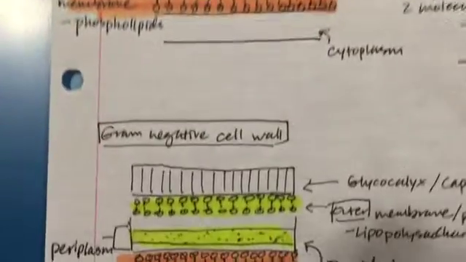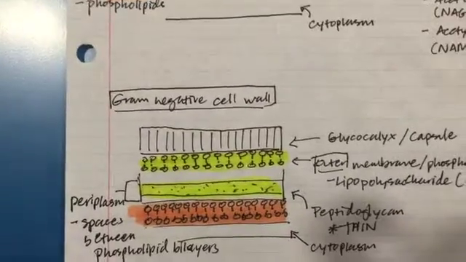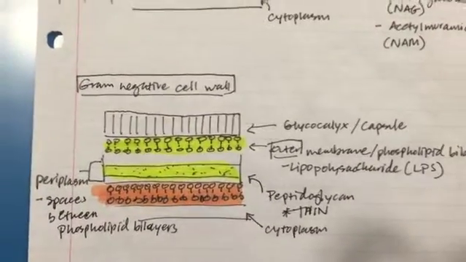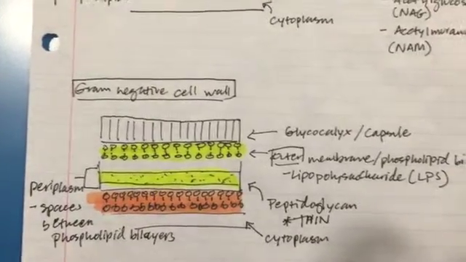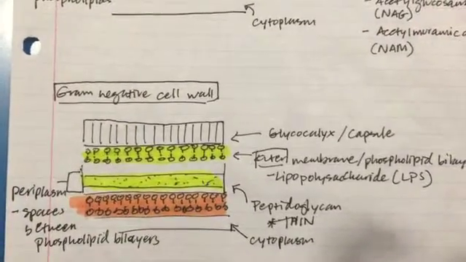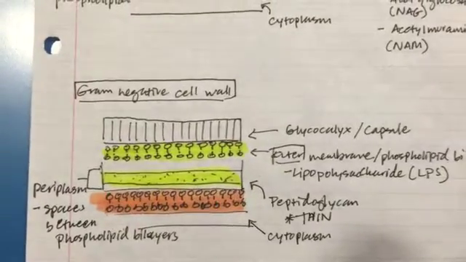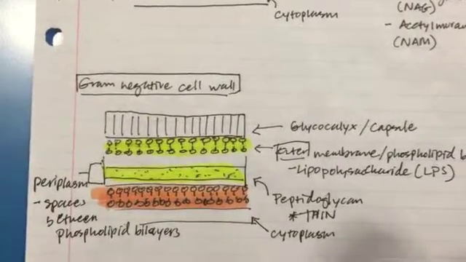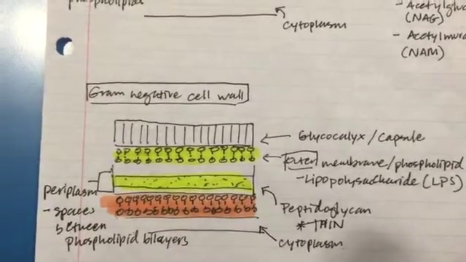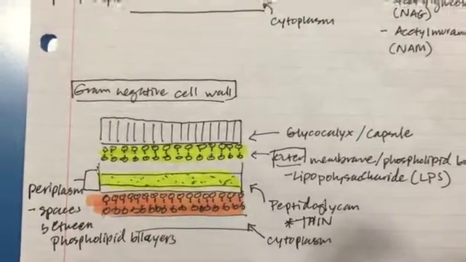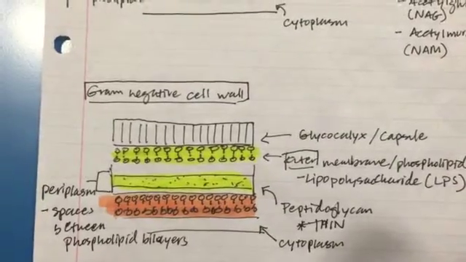Let's take a look at the gram-negative cell wall. So first off, I'll just start by talking about the plasma membrane in a gram-negative cell. A gram-negative cell also has a plasma membrane, and this is still composed of a lipid bilayer that contains proteins.